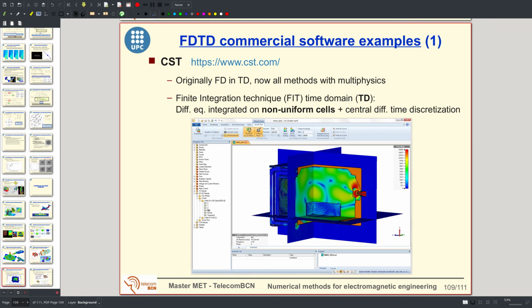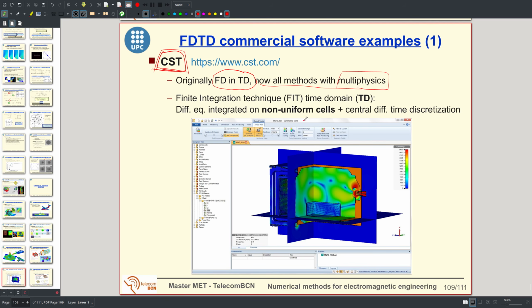Regarding FDTD method, again, the CST software package is a very interesting one. It was mentioned in the context of integral equations, but I told you that it was originally developed as a finite difference in time domain software, and now it has all the methods, and even multiphysics simulation.